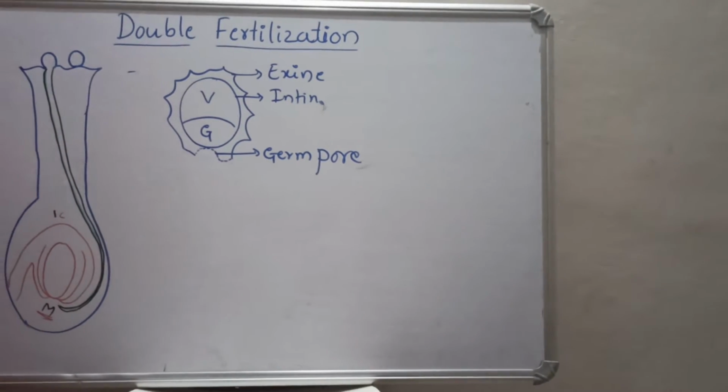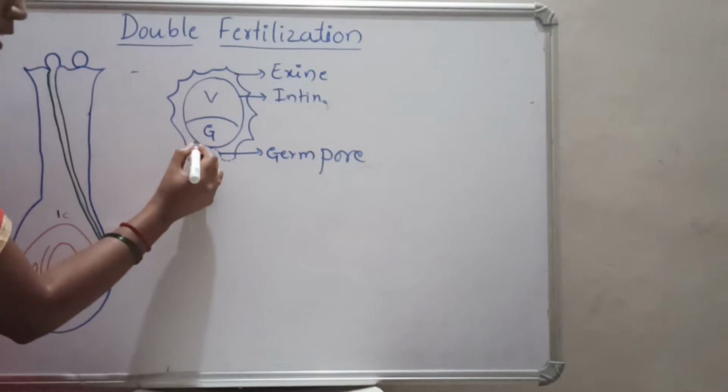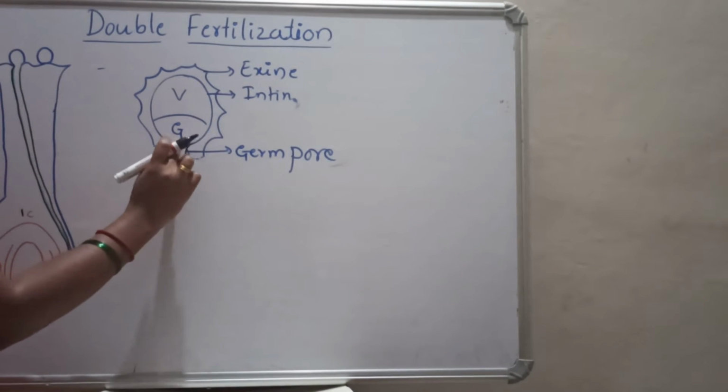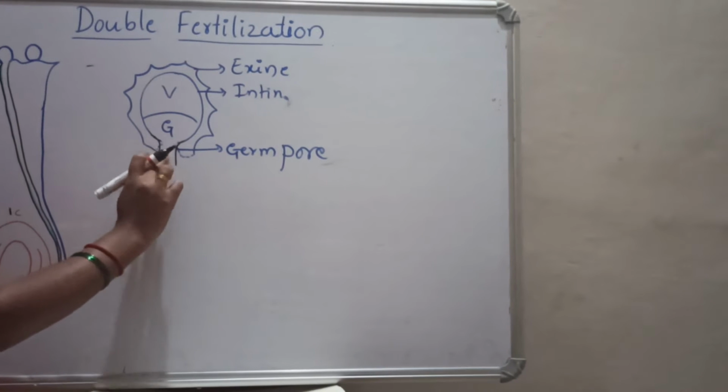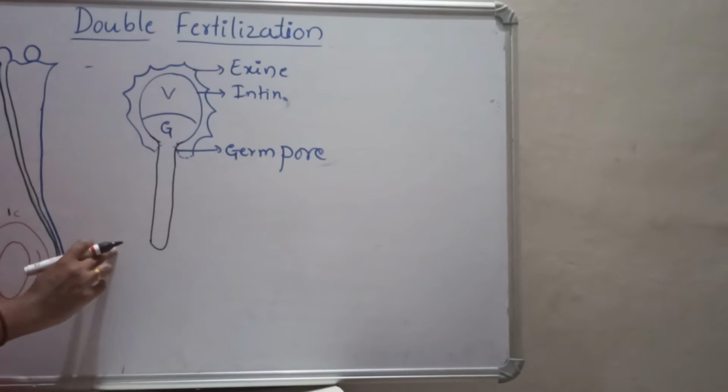Here the pollen grain produces the tube. It means the intine layer produces the tube-like structure through the germ pore.